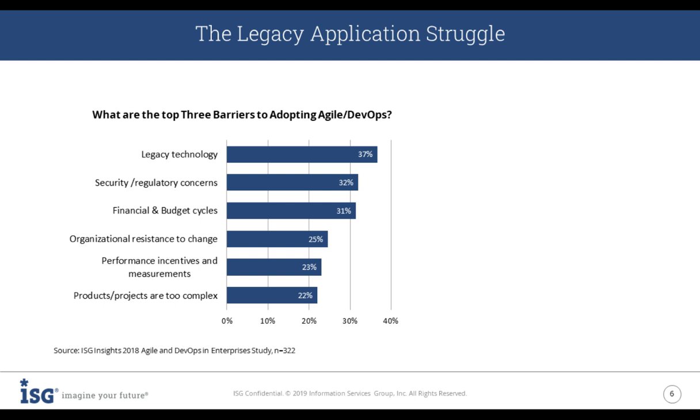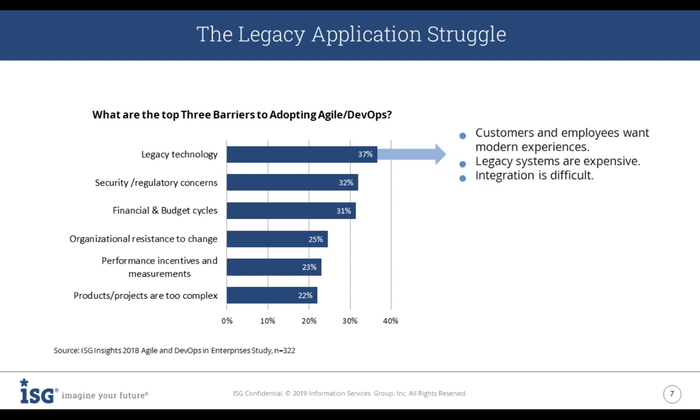When we asked enterprises about these barriers in our late 2018 Agile study, they cited legacy technology the most in their 3 top barriers to adopting Agile. But why? Because people expect modern experiences that offer instantaneous response, intuitive and fun interfaces, good service, and personalization.